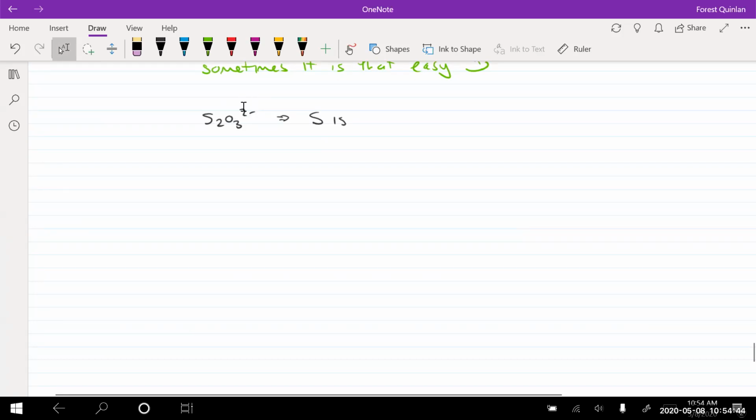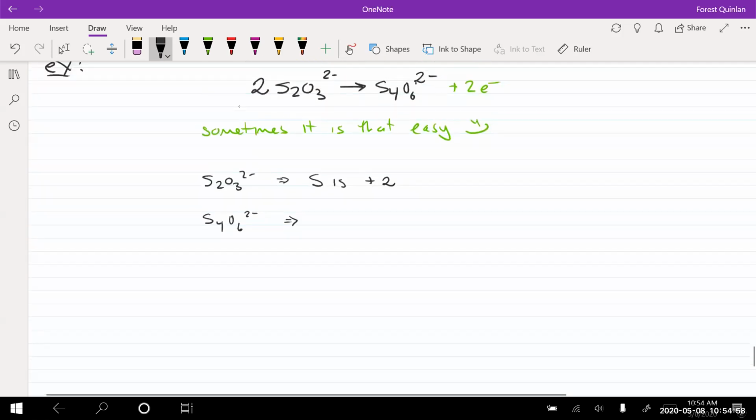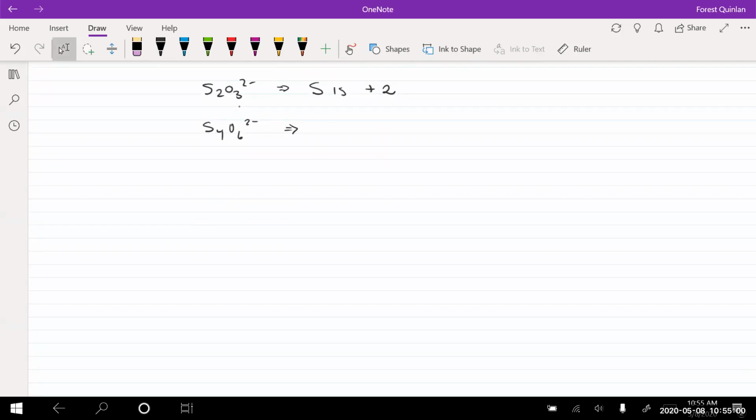So we're really looking at a -4. So we need a +4 to balance it. This sulfur is a +2. On the S4O6, there's 6 oxygens. That's a -12. There's already a -2 up there, so that's really -10.